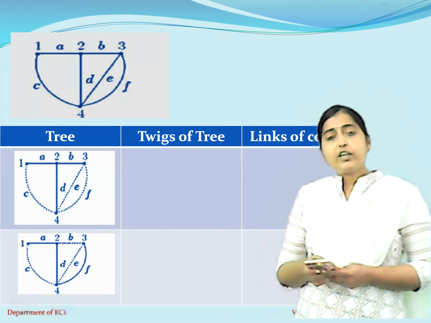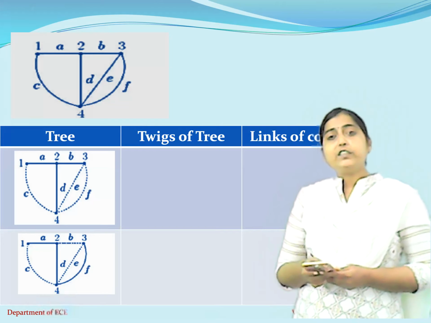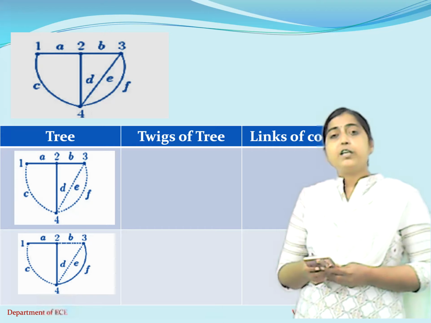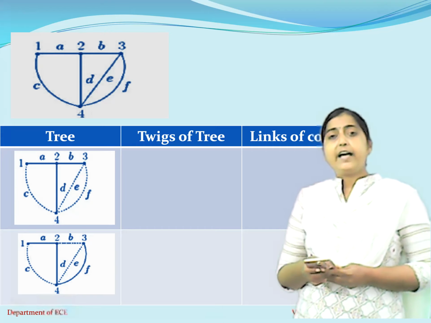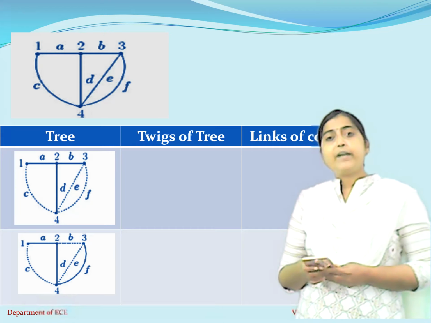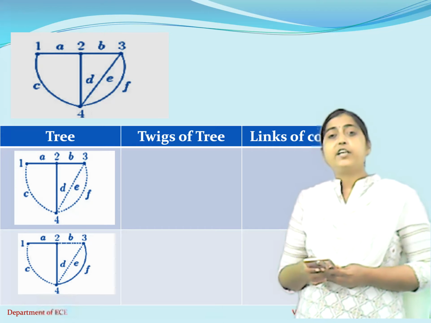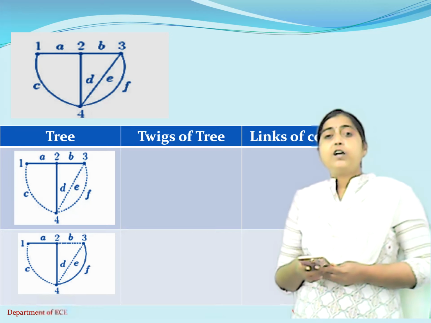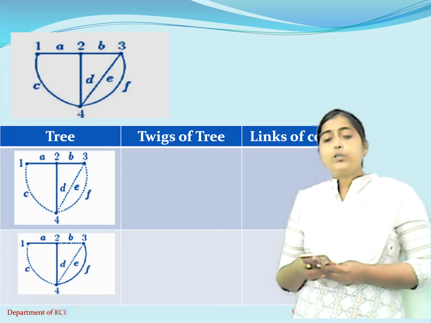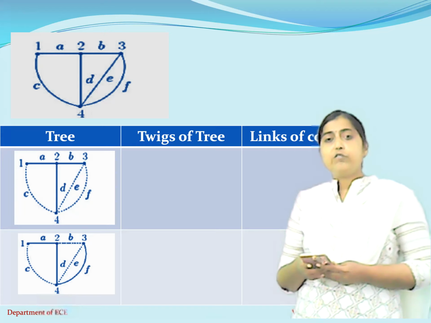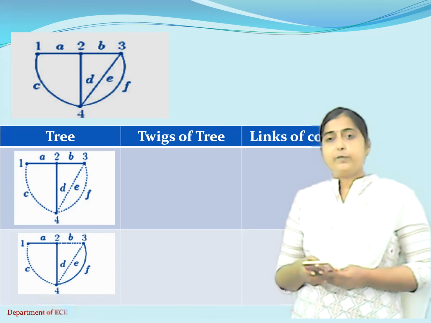But later, that branch which has been removed is replaced by a dotted line, that we call a link. With that link and branches, when you redraw the network, it will look like this. Such a network, which is a combination of branches and links, we call a co-tree.